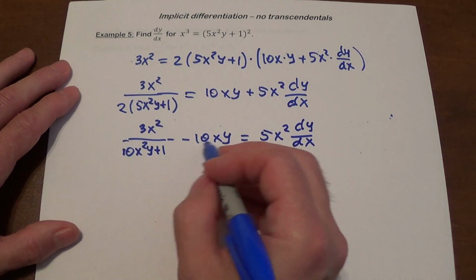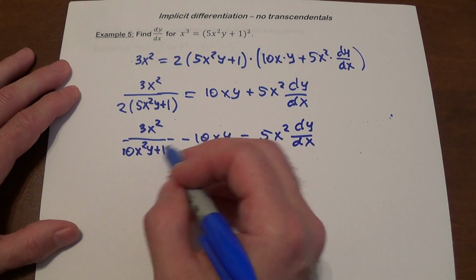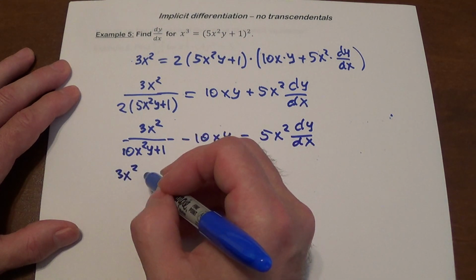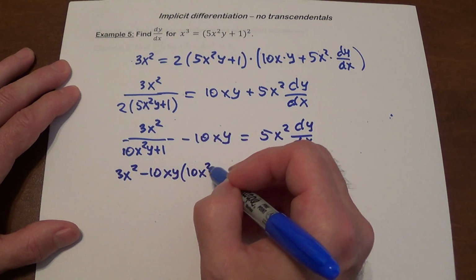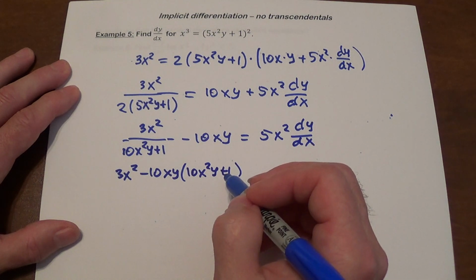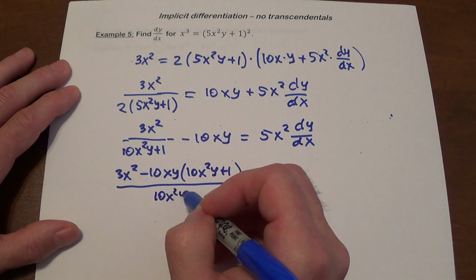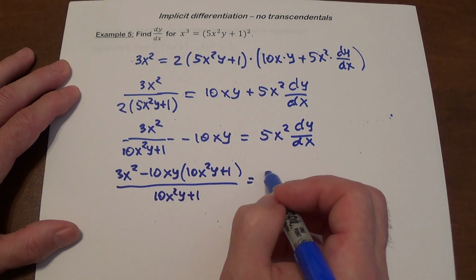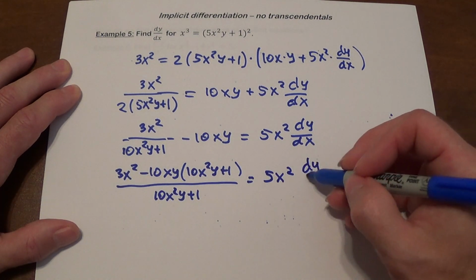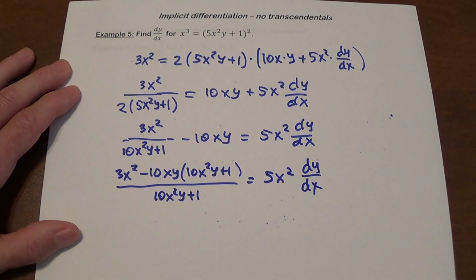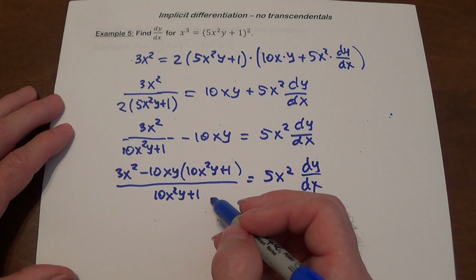Okay, so we do need to combine like terms, bring these two to a common denominator, so that's going to require you to do the following. It's going to be 3x squared minus 10xy multiplied by 10x squared y plus 1, correct, divided by 10x squared y plus 1. It's going to equal 5x squared dy over dx. And what we need to do now is distribute this over here.